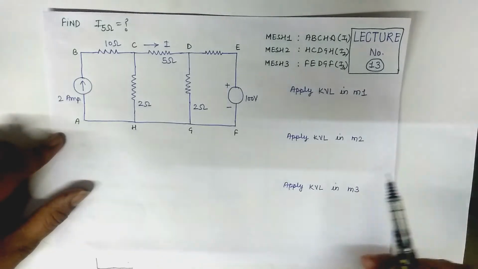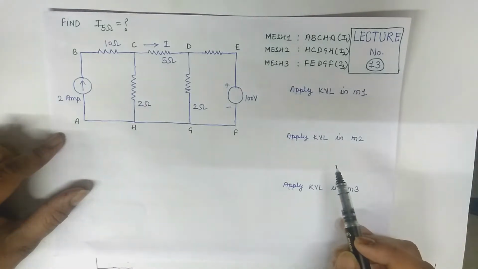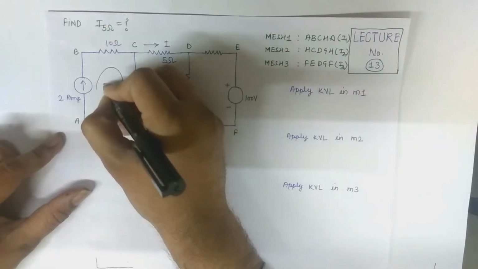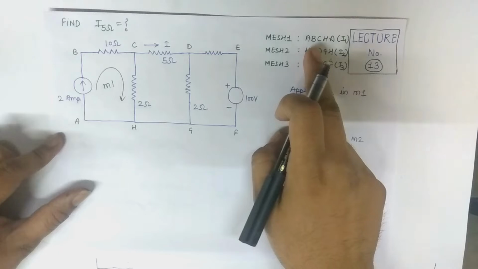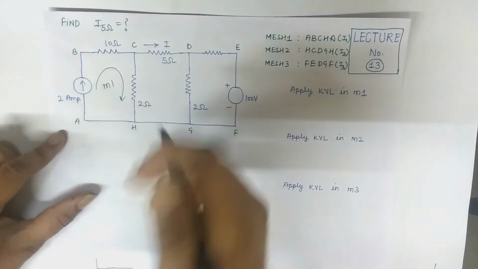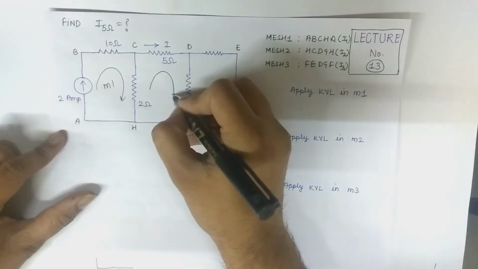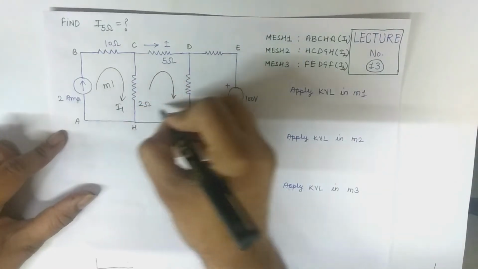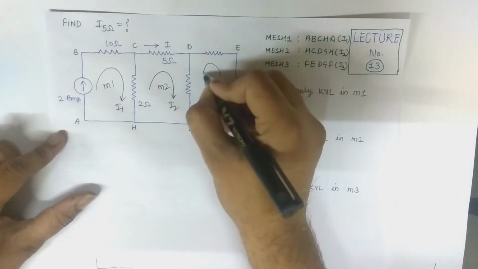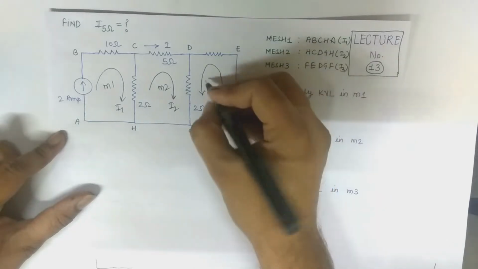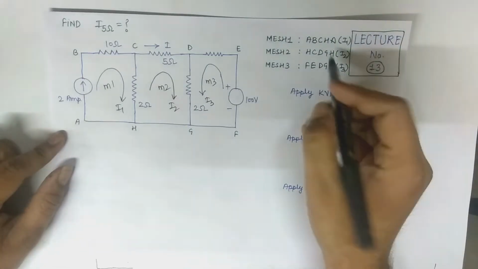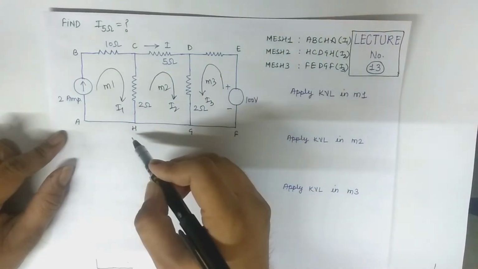First of all we identify the different meshes. M1 starts from ABCHA with current I1, and mesh 2 is HCDGH with current I2.